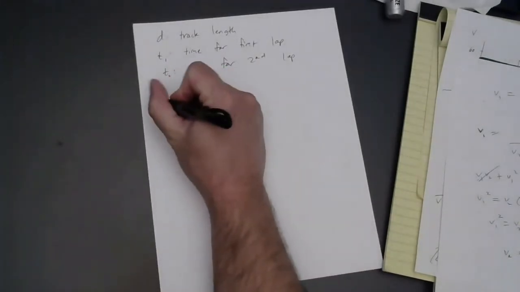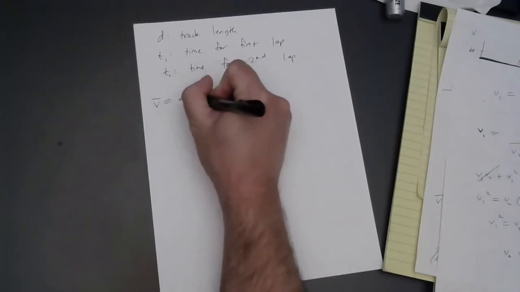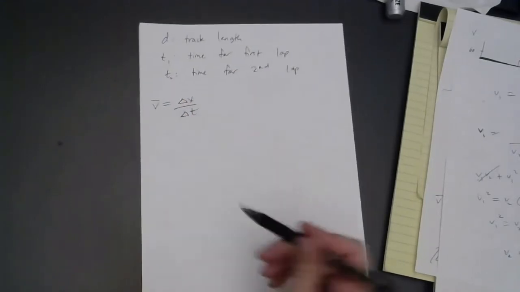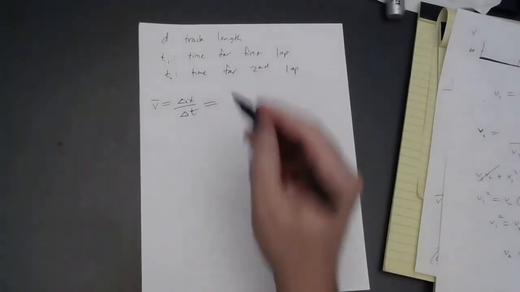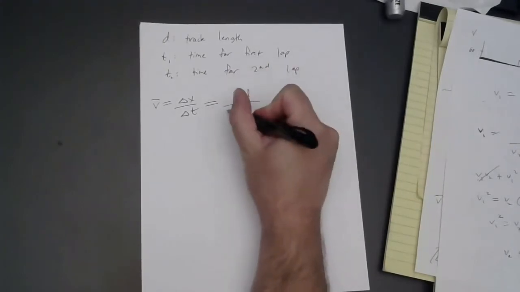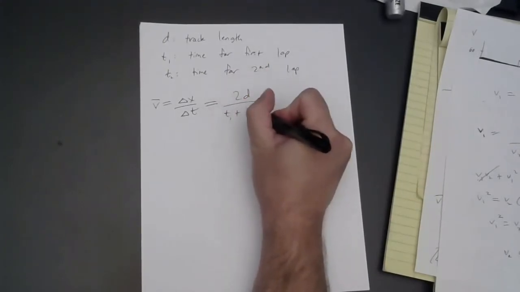Now we know that the average overall speed is the total displacement over the total time. That's our general formula for average velocity. But for this particular problem, the total distance would be 1 lap plus the second lap. That's a distance of 2D. And the total time would be the time for the first lap plus the time for the second lap.